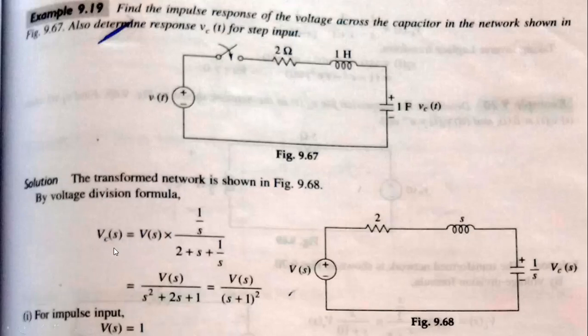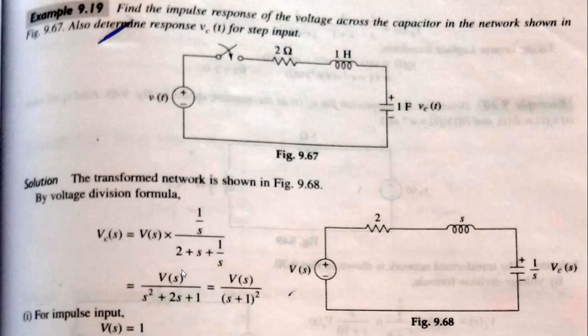So here, the voltage we are interested in is the voltage across the capacitor. So VC of s is nothing but V of s times 1 by s over 2 plus s plus 1 by s, because of R, L and C in the denominator, and the numerator is only because of C. In this way you get V of s divided by s square plus 2s plus 1, which is s plus 1 squared.